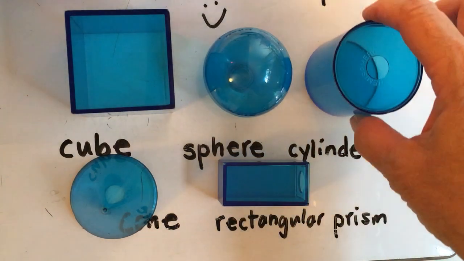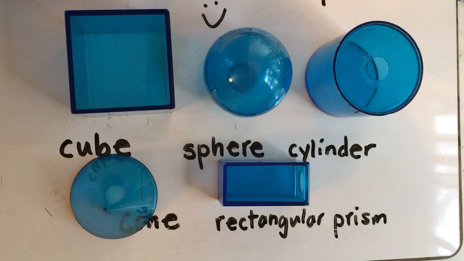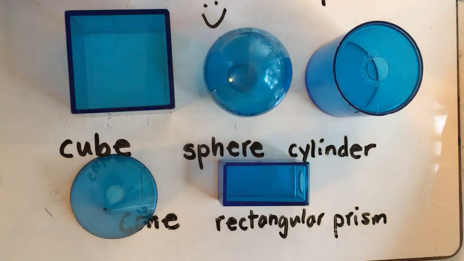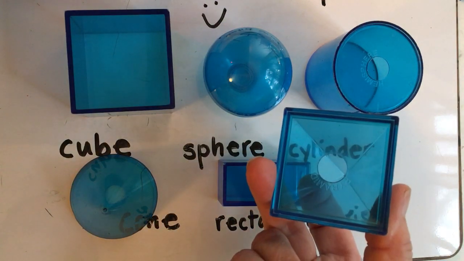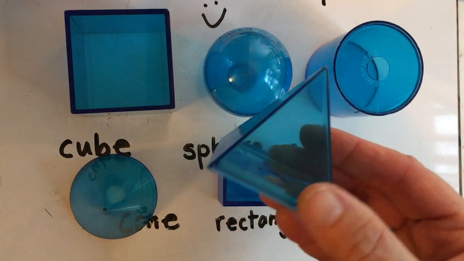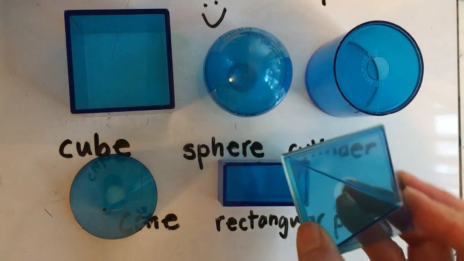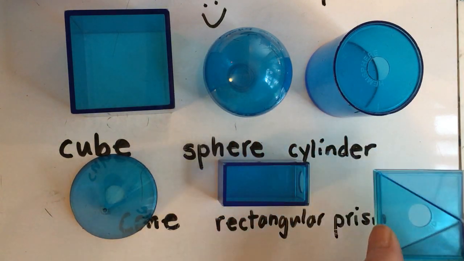Okay, so those are our basic solid shapes. There are a couple of extras that we'll talk about called pyramids, and they would remind you of the pyramids from Egypt. So there's one here, this one that has a square bottom and triangle faces. That's a regular pyramid.